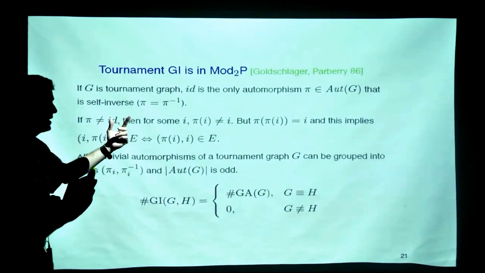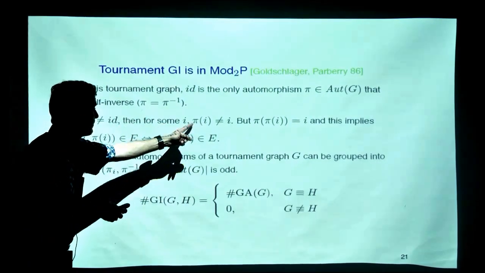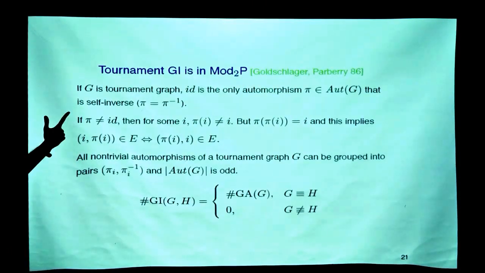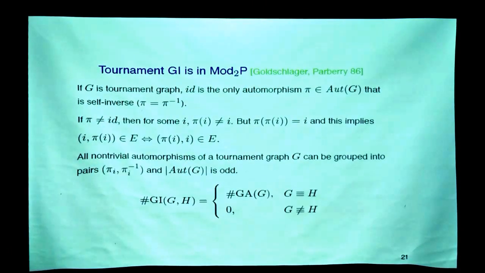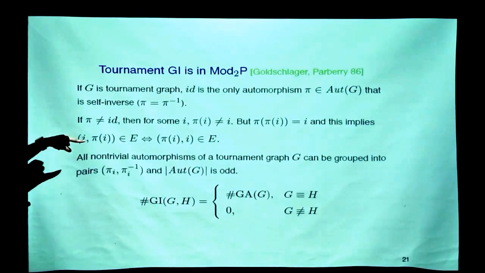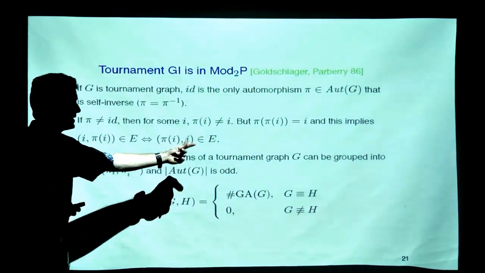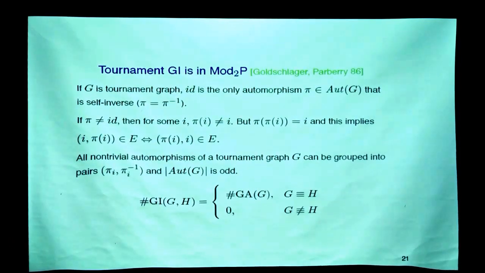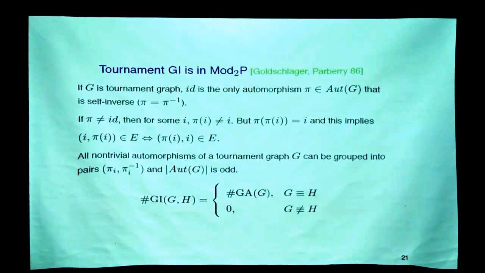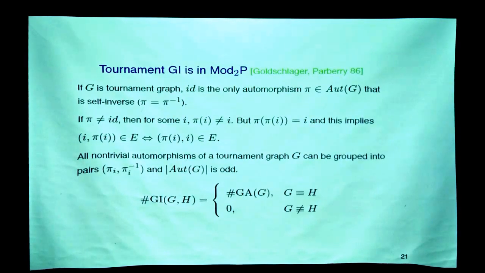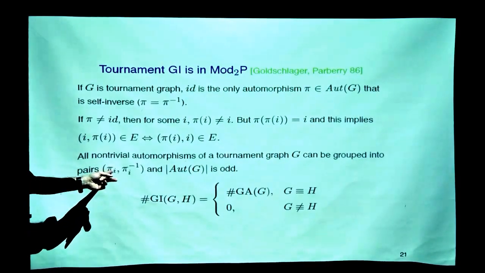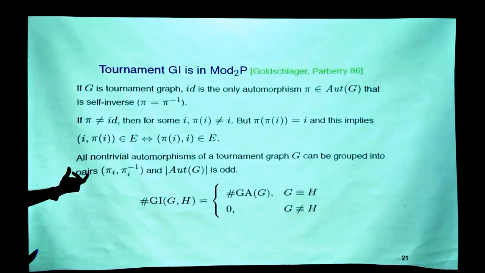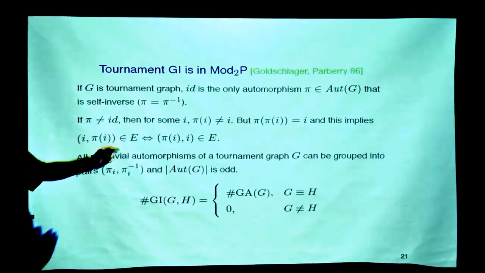But when we apply φ, this changes the direction, because the permutation is the same as its inverse. And then we would have an edge in one direction only if there is an edge in the other direction, and that cannot be true. So all except for the identity can be grouped into pairs: the automorphism and the inverse of the automorphism, which is always an automorphism. So you have all these pairs, and then the identity.